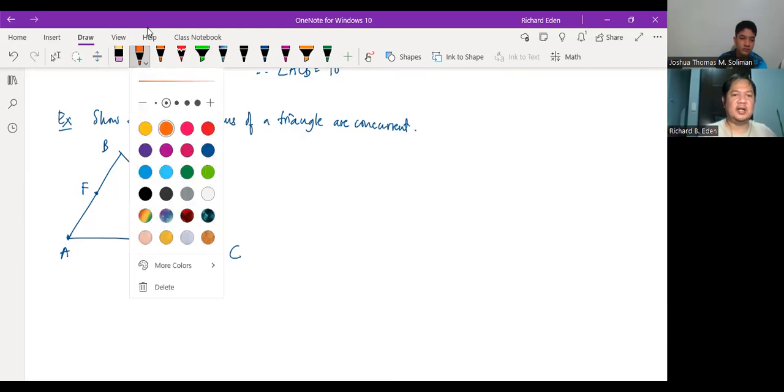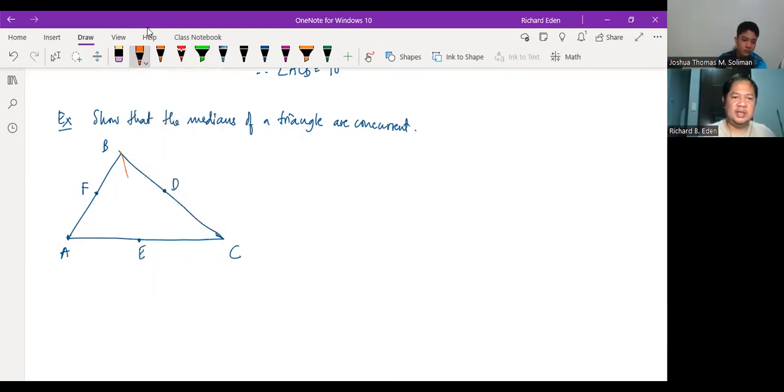Let's first connect BE and CF. Okay, so the medians corresponding to B and C. A is special here, because we're going to take A to be the origin. So let's denote the intersection by G. To show that the medians are concurrent, we have to show that A, G, D are collinear.